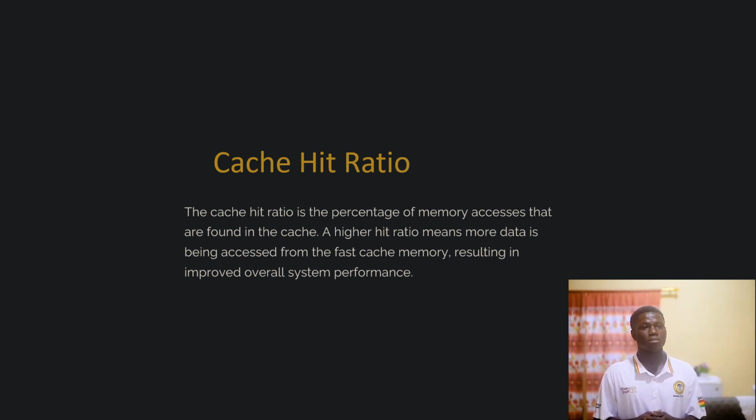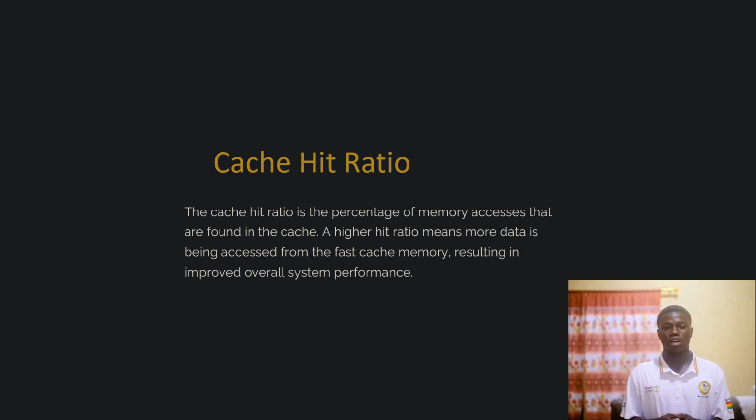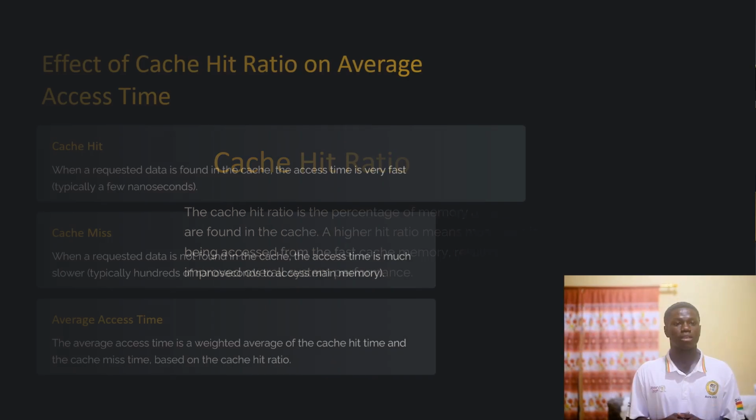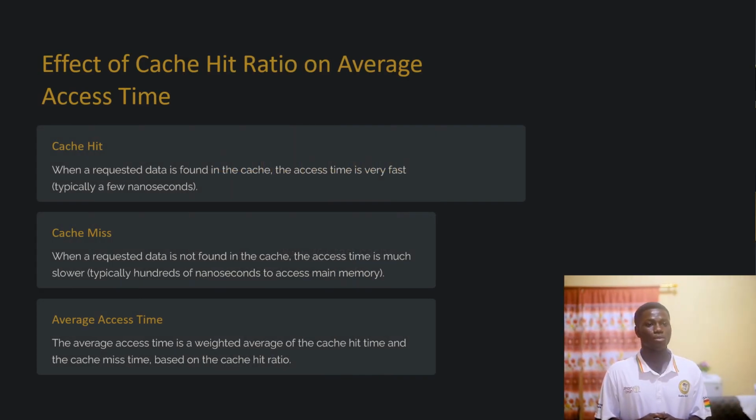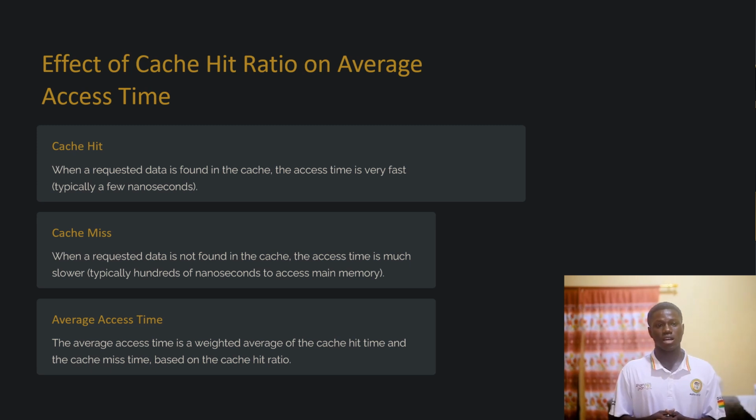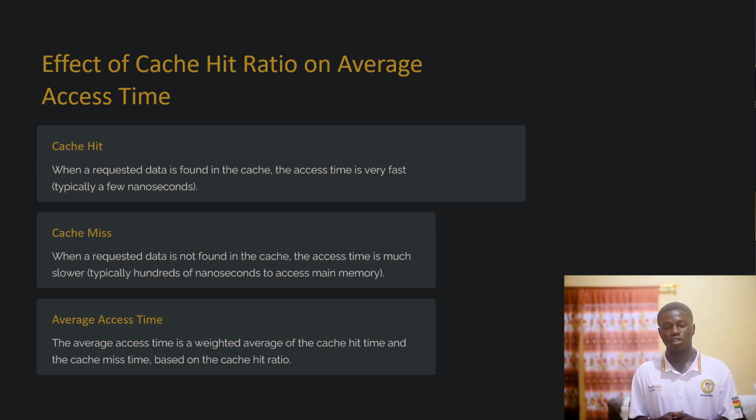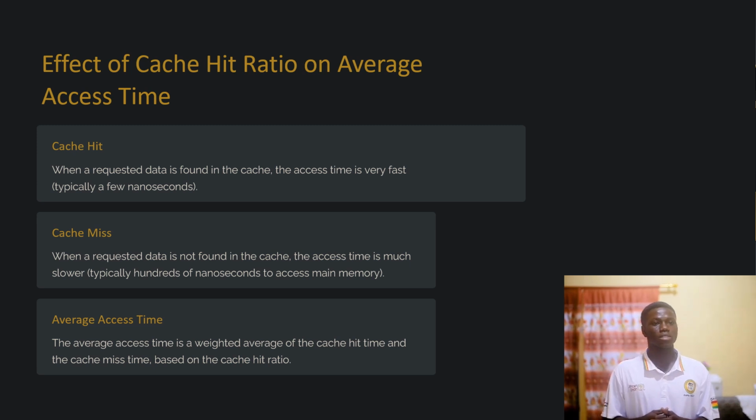When a request matches an item in the cache, it's a hit, a quick return. A miss occurs when the requested item isn't in the cache, requiring a longer fetch from the secondary storage. The impact on average access time is profound.